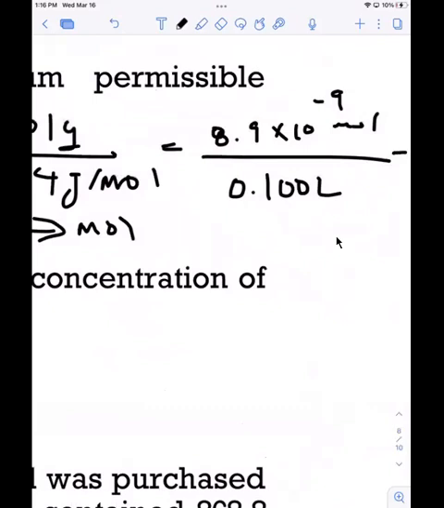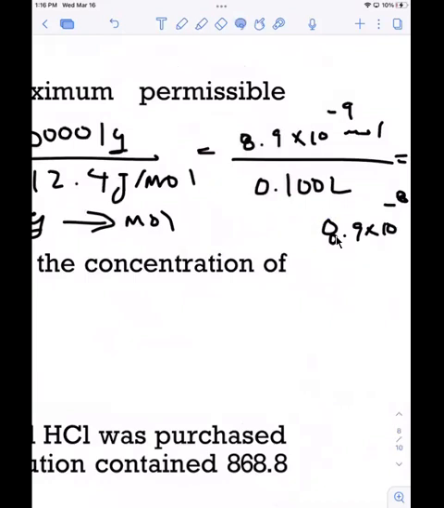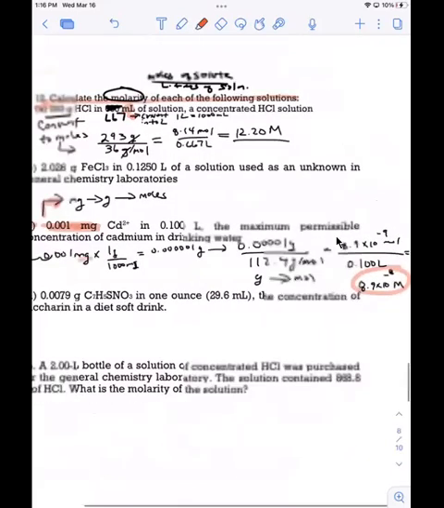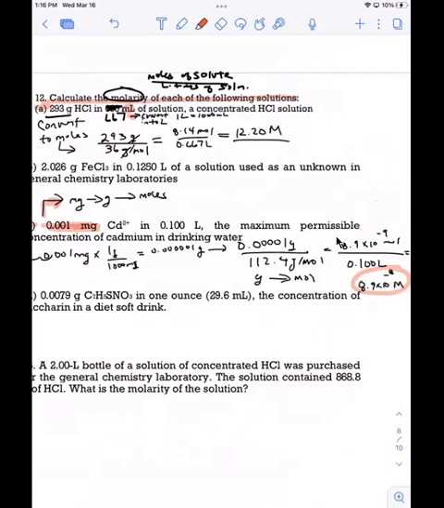Right, so the concentration here is 8.9 times 10 to the minus 8 molar. All right, any questions about that? So this one took a couple of different manipulations: milligrams to grams, grams to moles, and then taking those moles and converting it into a concentration by using the volume that was given.